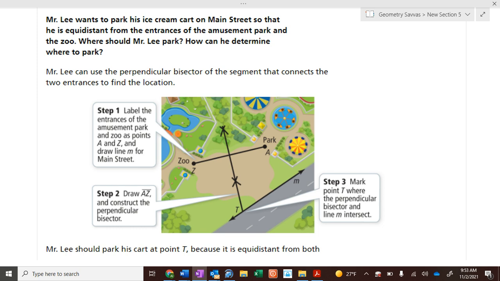Well, if you draw a segment between the park and the zoo and draw the perpendicular bisector, where it meets up with the street, that's where he should park his food truck, right at T, because T is on the perpendicular bisector, so it's the same distance away from the zoo entrance as it is from the park entrance. Okay? That's using a perpendicular bisector.